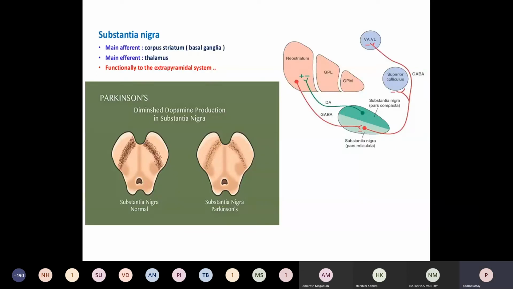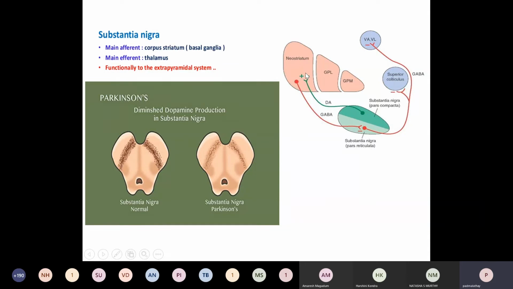This substantia nigra has connections with the basal ganglia. The fibers reach the substantia nigra from the basal ganglia, carrying GABA neurons that have an inhibitory action on the pars reticularis of the substantia nigra. In turn, the dopaminergic fibers from the pars compacta reach towards the basal ganglia, which again has an inhibitory action on the corpus striatum that inhibits the tremors.